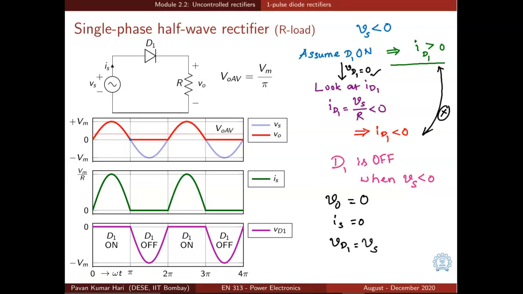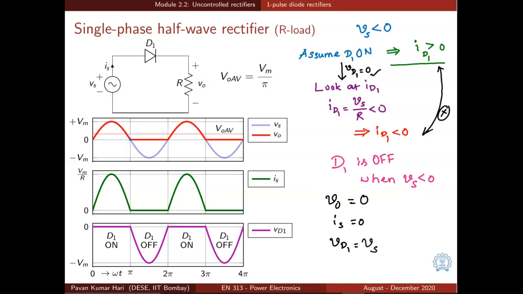And when the diode is off, what is the output voltage? There is no current in the circuit. So ID1 times R, which is the output voltage, is 0. The source current is also 0. And what is the voltage across the diode? The voltage across the diode when it is off is the same as the source voltage Vs, shown in the purple color waveform here.